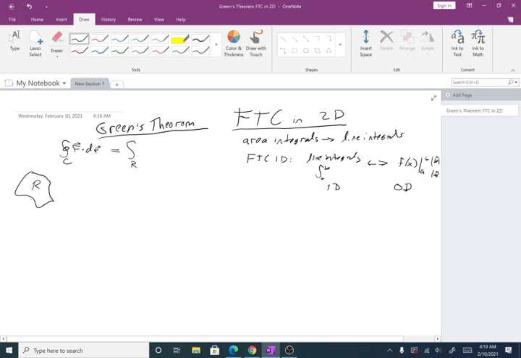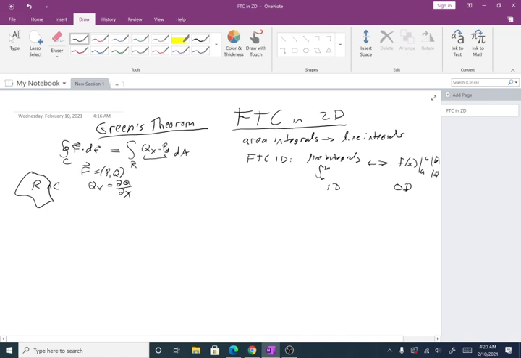Let me just draw out R and C. And the integrand, when you're integrating against dA, will be Qx minus Py. So F, of course, we're going to call it (P, Q). These are the components. And Qx is the partial derivative with respect to x, because we are lazy.